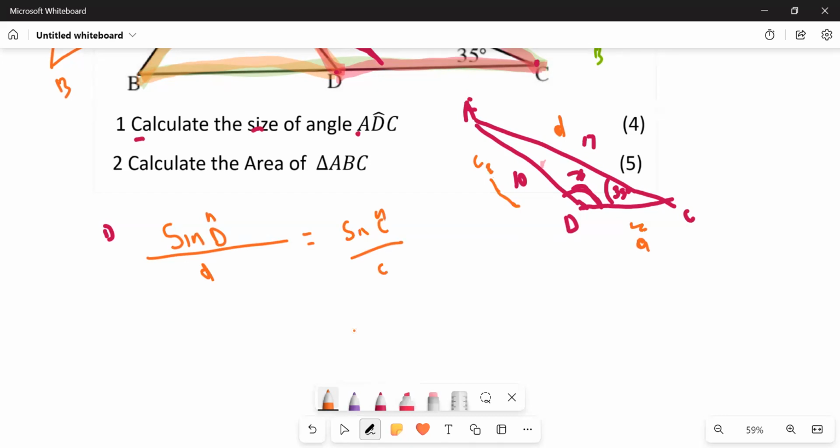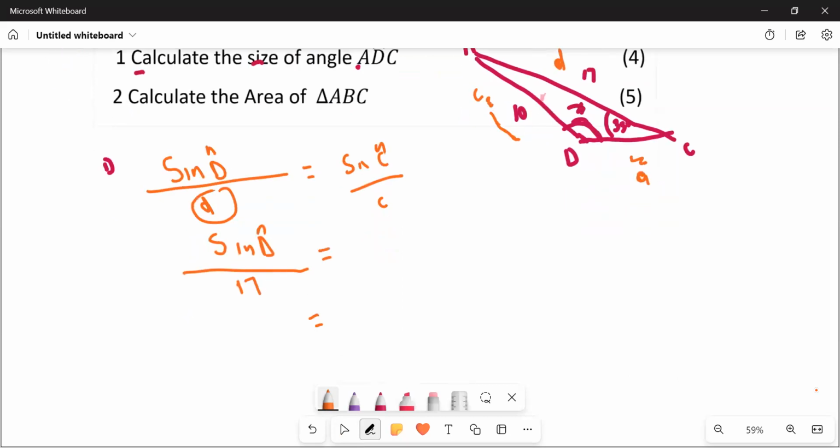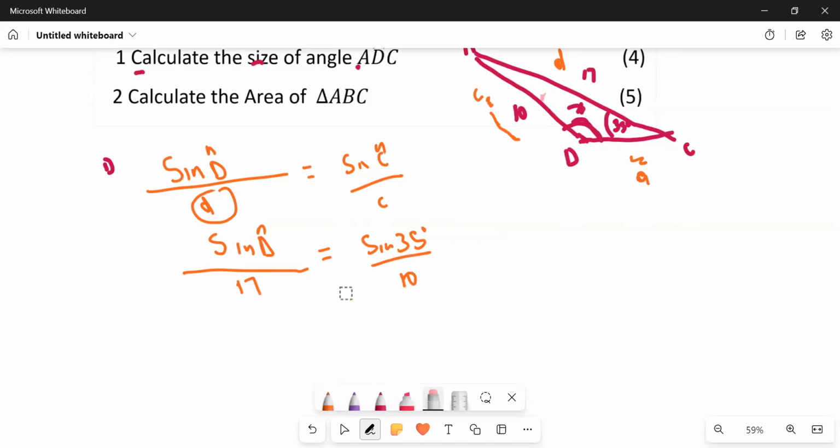What should I do next? Substitute. So we have the sine of D all over 17 equals the sine of 35 all over 10. Okay, what should I do next?